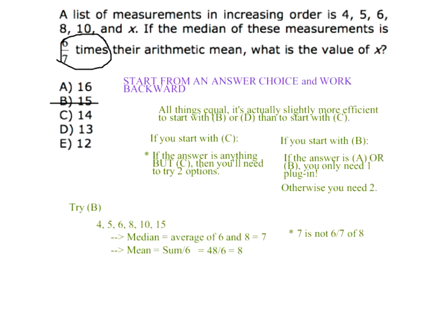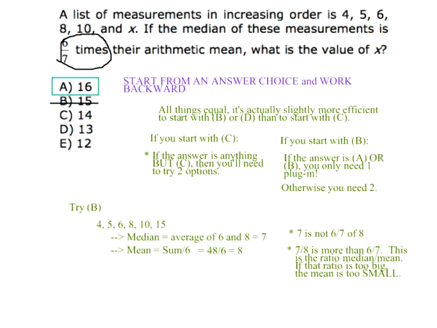This is the ratio of median to mean. So if that ratio is too big, that means your mean is too small. If you realize that, then you are done, because the only thing that makes the mean bigger is choice A. But if you don't realize that, then you can just go ahead and try A.